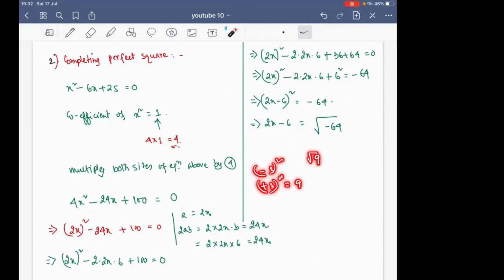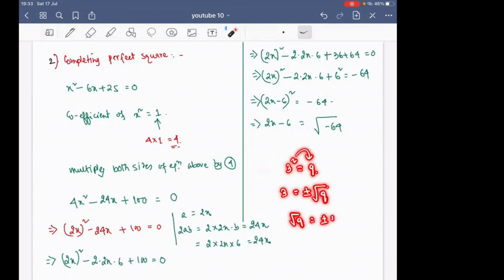Square root of 9 means what is the value that should give the square is 9. So both minus 3 and plus 3, when squared, give the value of 9, right? So if 3 square is 9, if you take square to the other side, 3 is equal to plus minus root over 9. And you can do a reverse way also. Root over 9 is equal to plus minus 3, like this.